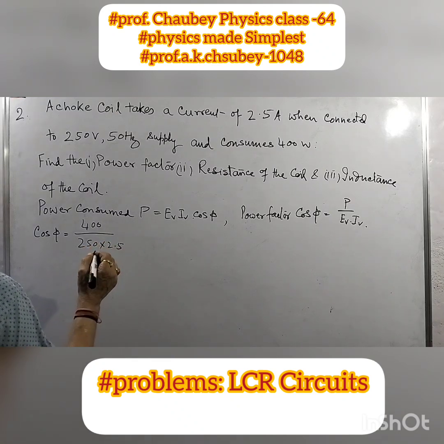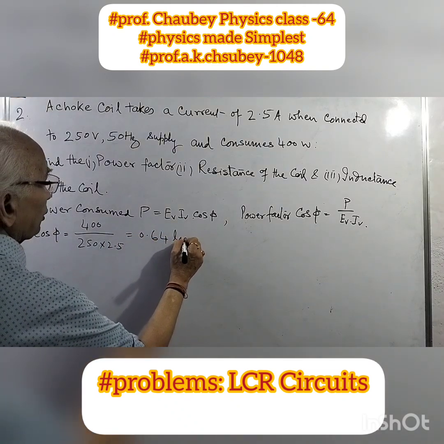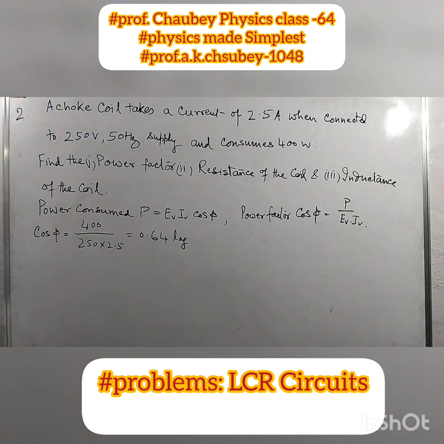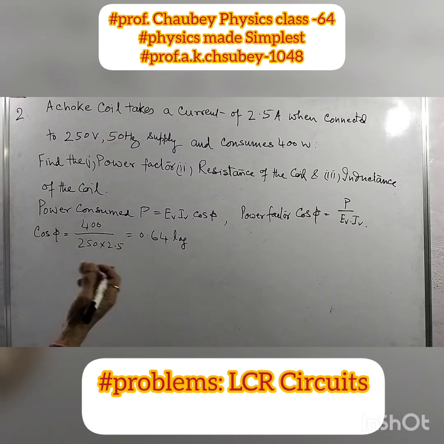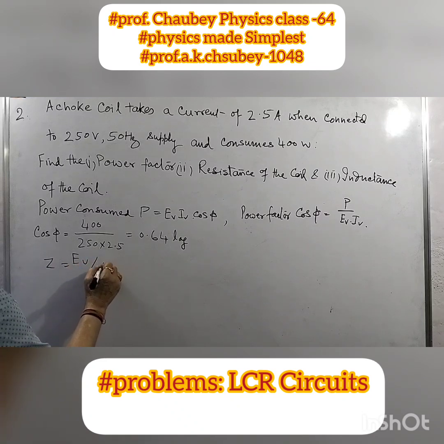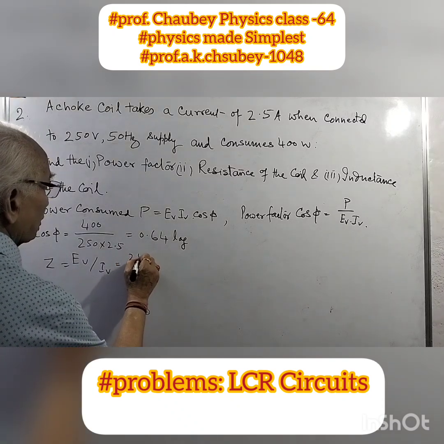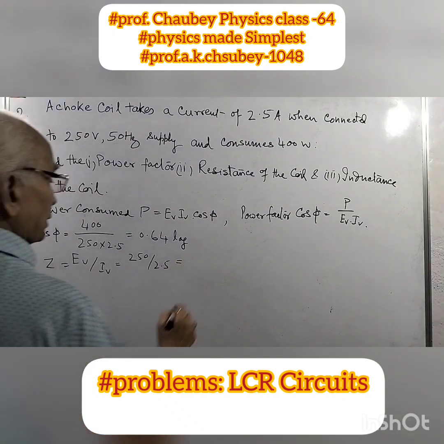So this you can calculate: 0.64. It is lagging because it is an inductance RL circuit. In an RC circuit it leads, here it lags behind. So this is the power factor cosine phi. So impedance Z is equal to EV over IV. So the impedance of the circuit is 250 over 2.5. So you get the impedance equal to 100.